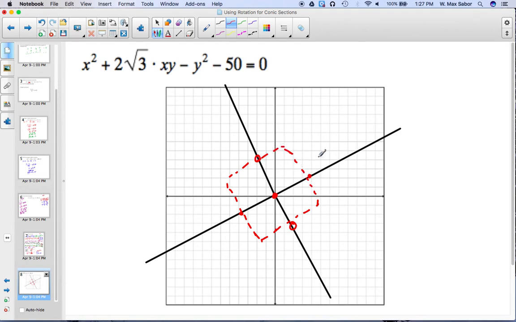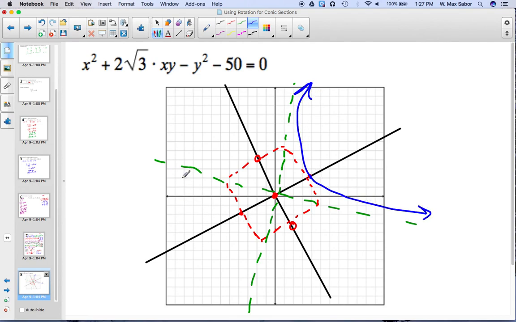And now, using that, we can create our asymptotes. And from those two things, we can set up that this is going to be our hyperbola. It is rotated, and we had to rotate that in order to figure out the graph. Thanks.